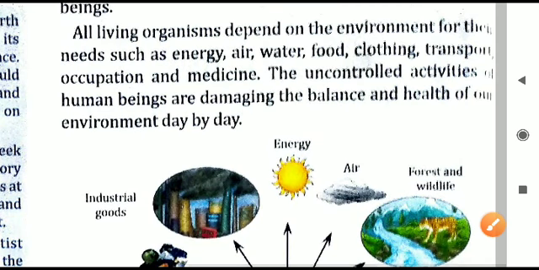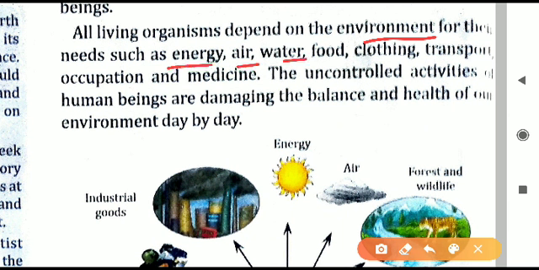Now, all living organisms depend on the environment for various needs like energy, air, water, food, clothing. All these things are required by everyone, and the environment is the only one which provides all these things. Our surroundings provide us these things. But if we are not maintaining a balance with nature, that is, if uncontrolled activities are done, then human beings will damage the balance of the earth, and our health will be affected.